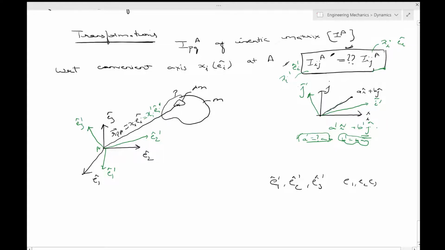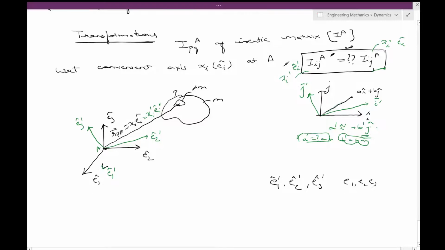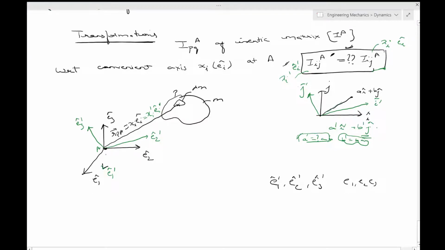So what you have to do is visualize this one vector e1 dash. It's a unit vector, so it's still a vector, and you have to write this vector which I have marked with red in terms of the black coordinate system.